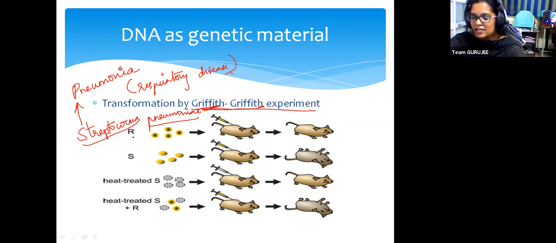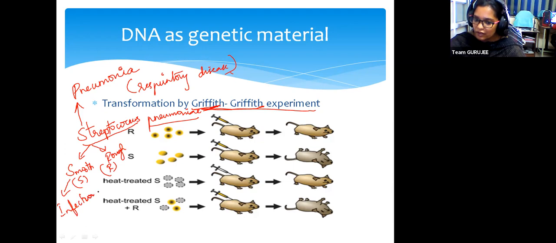There are two types of strains: smooth strain and rough strain, called S and R. Smooth strain is more infectious. Rough strain is less infectious.